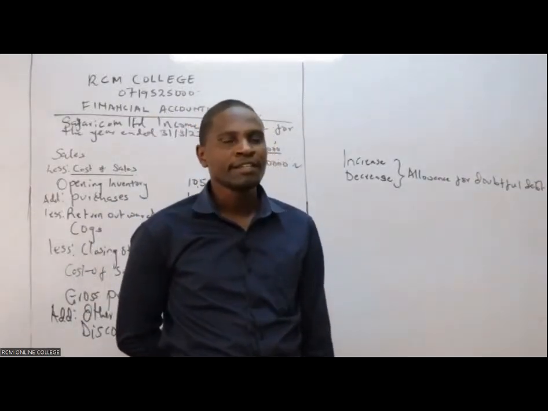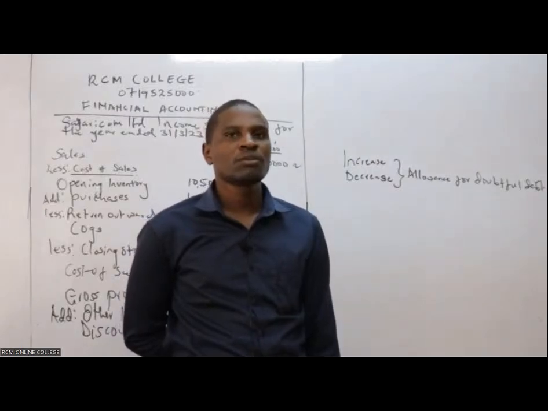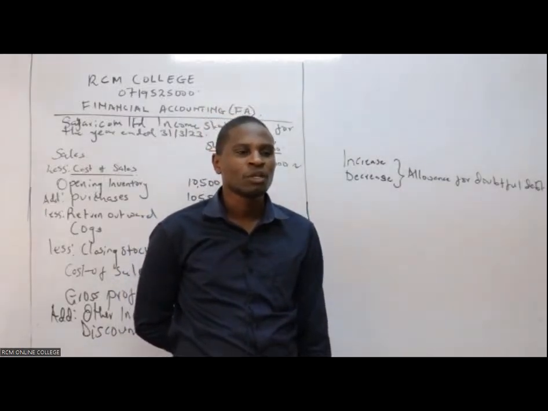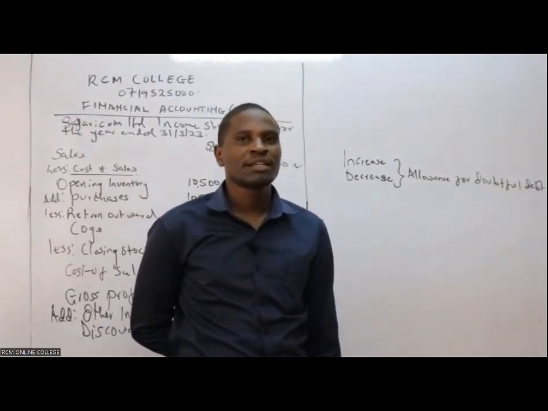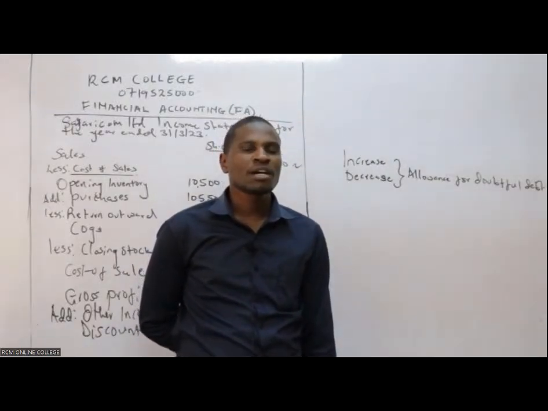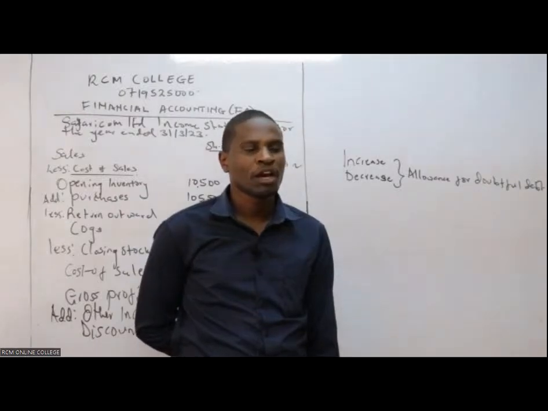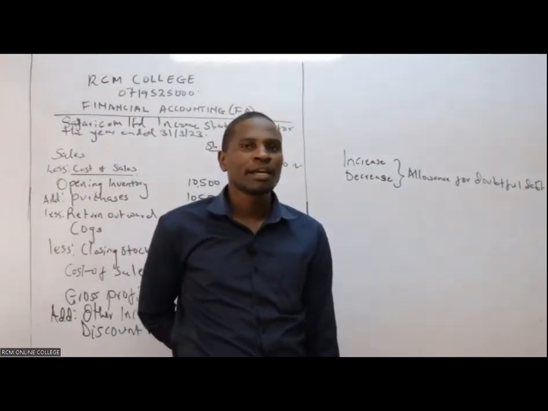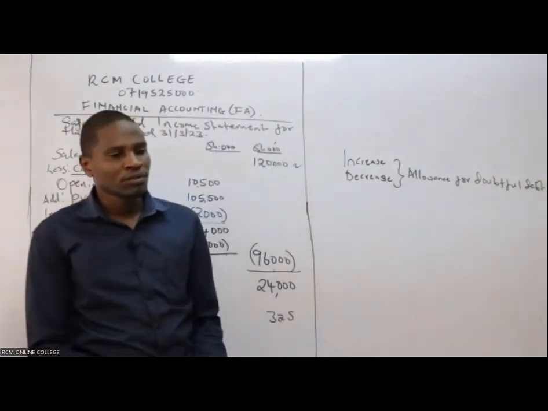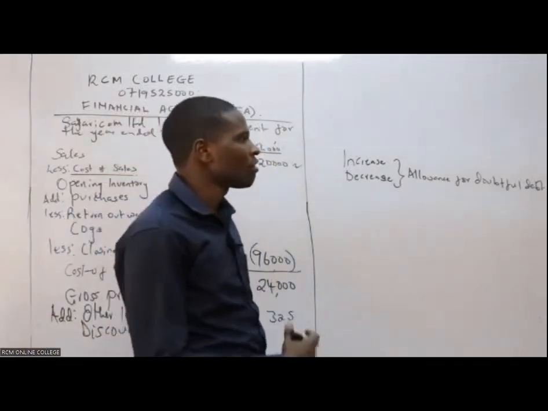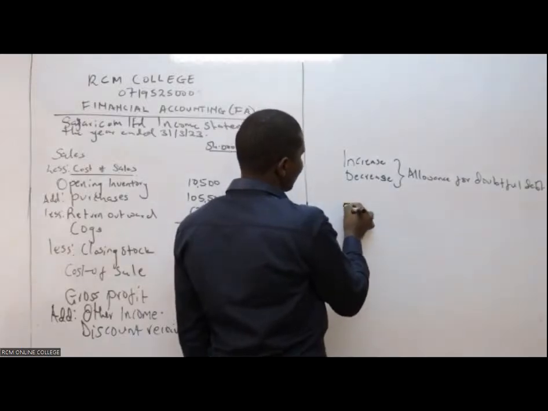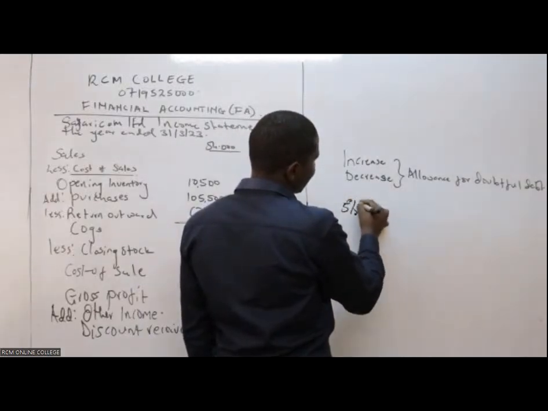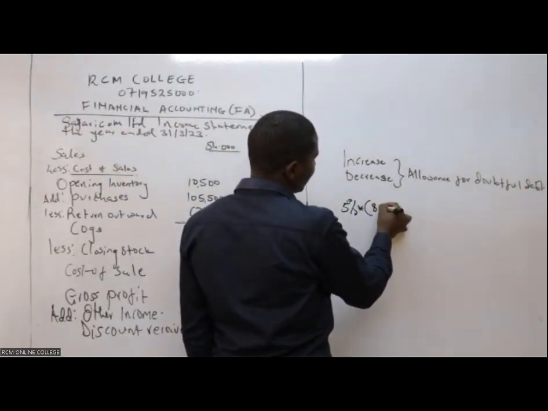A decrease in allowance for doubtful debt is an income, whereas an increase in allowance for doubtful debt is an expense. If I look at the trial balance, the examiner had given me the allowance for doubtful debt. So I now have to compute the 5%, and I can see 8250.